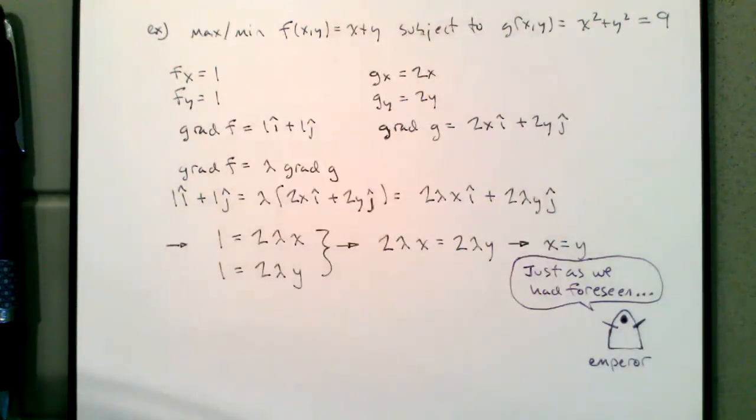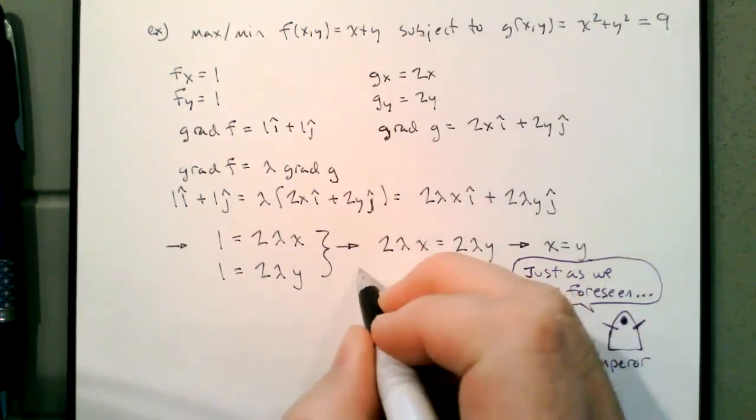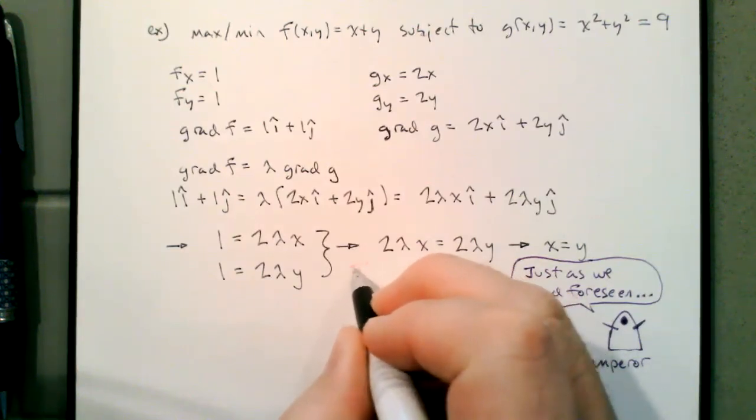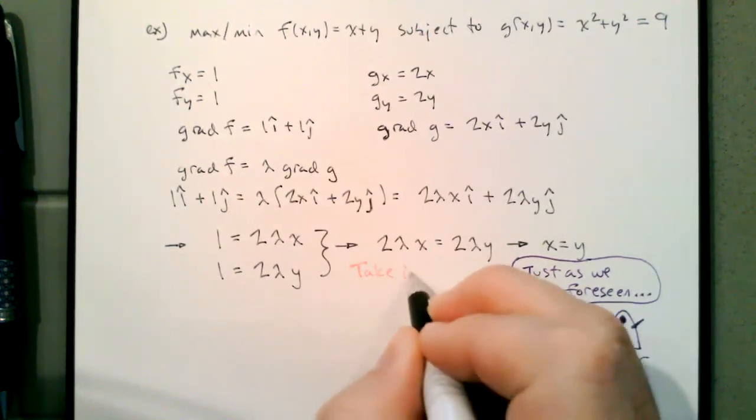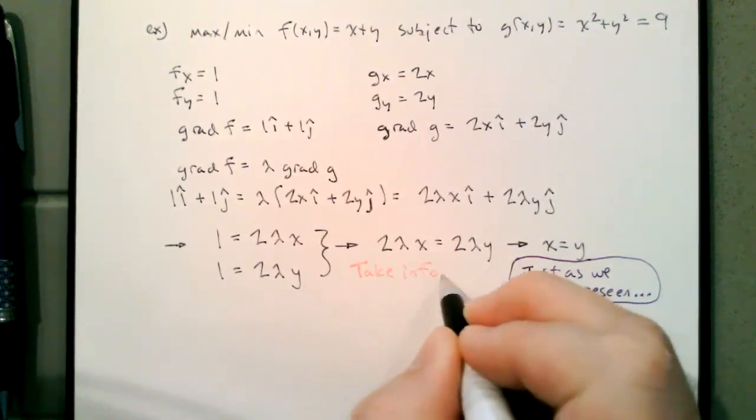So now that we have x equals y, this is what we get from the gradient information.